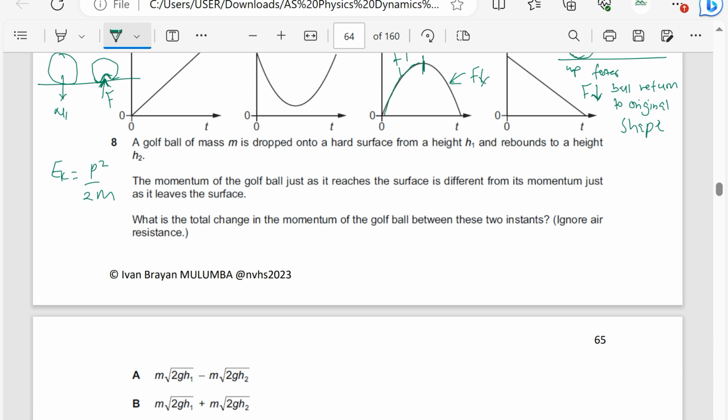So for the first case, the loss in kinetic energy is equal to the gain in potential energy.